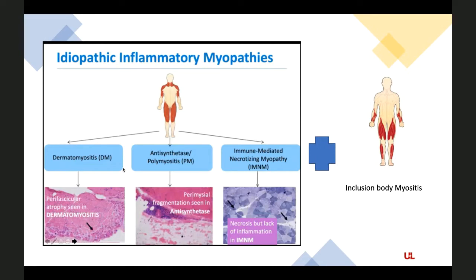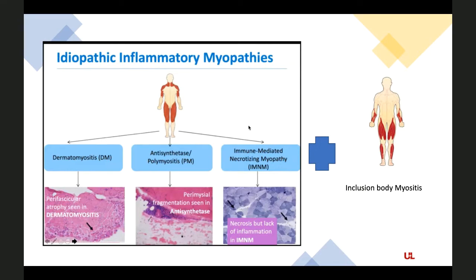The only way previously to classify these three was based on histopathology, and we see a different kind of histology for each of these subtypes. When it comes to inclusion body myositis, the pattern of weakness is very different. In inclusion body myositis, we usually have weakness in our finger flexors and in our quadriceps as compared to the other inflammatory myopathies. So that is the major difference in terms of the initial exam for these patients.